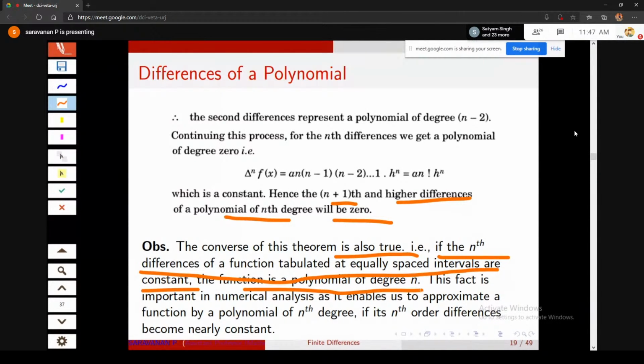So just to reverse, the nth order difference of a polynomial of degree n is constant. The converse is also true: if the nth order difference is a constant, then the function is a polynomial of degree n.